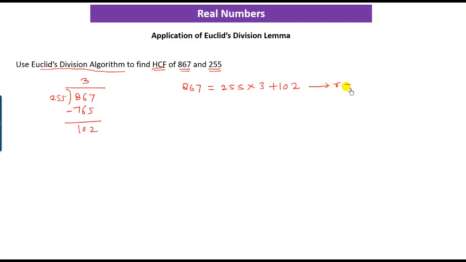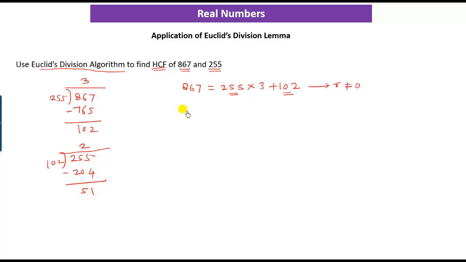Since the remainder is not equal to 0, we will solve it further. 255 divided by 102, so it will be 102 2s are 204, and so the remainder will be 51.